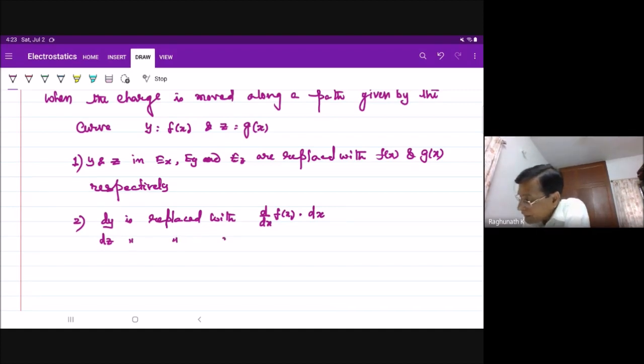dz is replaced with g dash of x into dx. Ultimately, in the integral, we see only x as the variable, integrated with respect to x only, because we will be replacing dy and dz with functions of x and dx.